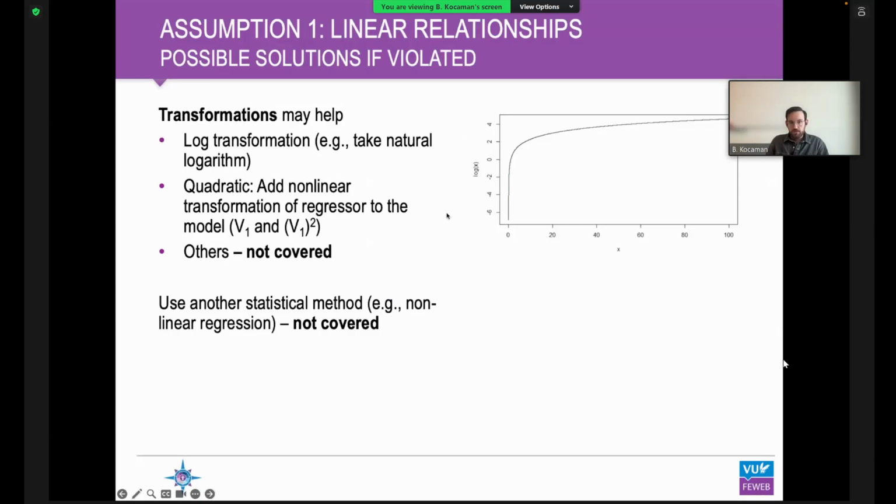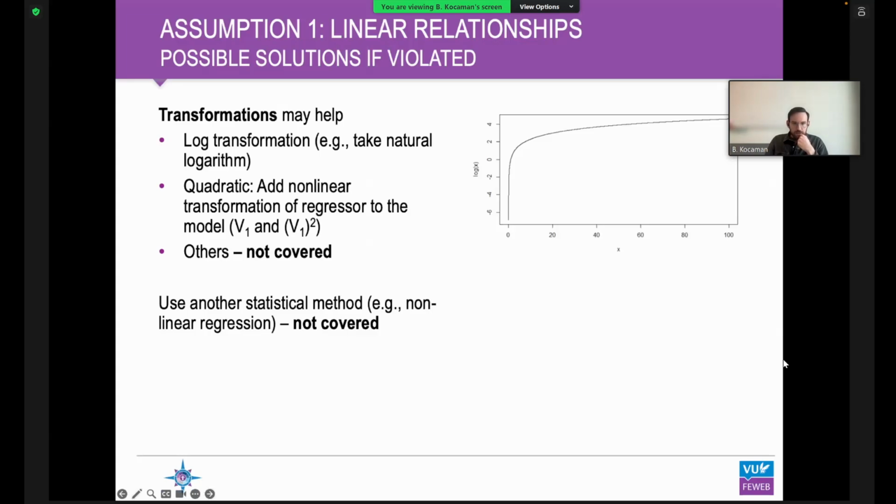You can take the natural logarithm of the dependent variable, or in some cases the independent variables as well, which represents nonlinear relationships, but you can still use a linear model. The relationship between X and Y, the dependent and independent variable, is actually nonlinear, but the relationship between the dependent variable and the log-transformed independent variable, or the log-transformed dependent variable, can actually be linear.